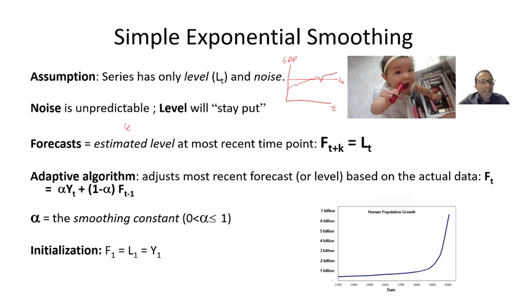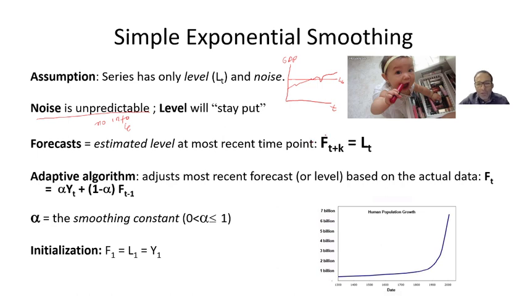The noise is unpredictable. We call it noise because there is no information there. The level will stay put, so it is always going to be around here. The forecast equals the estimated level, in this exercise the estimated level at the most recent time point.